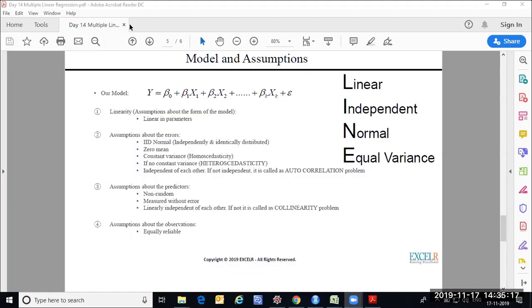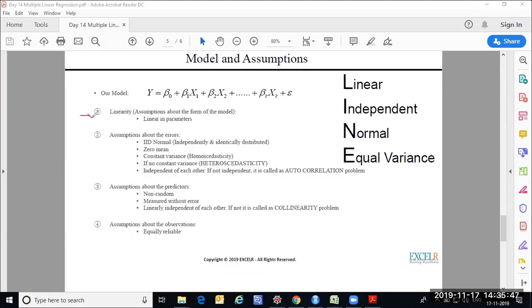Even though the R squared value is acceptable or a little higher, you cannot straight away consider that model for pushing it into production. The model has to satisfy all these assumptions. Only then can you call that a very good model. These assumptions are categorized into 4 levels.